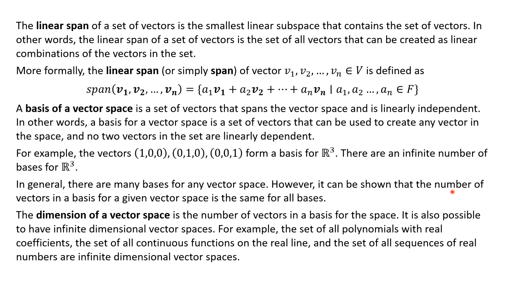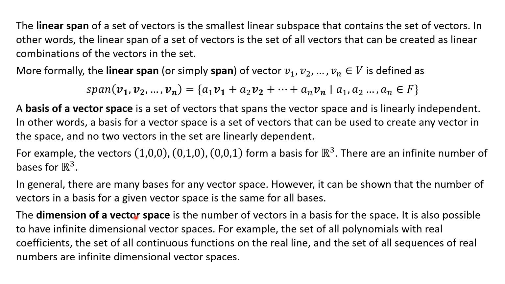However, it can be shown that the number of vectors in a basis for a given vector space is the same for all bases. So in R3, even though there's an infinite number of different bases, it's always three of them that form a basis, not two or not four. It just has to be three in the case of R3.